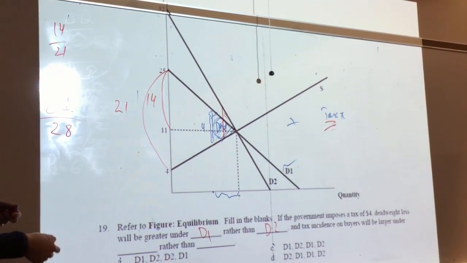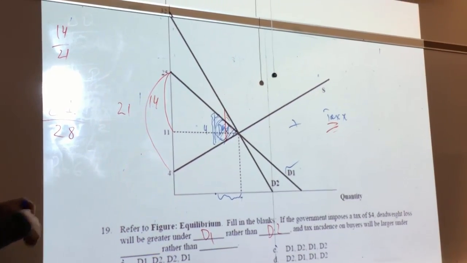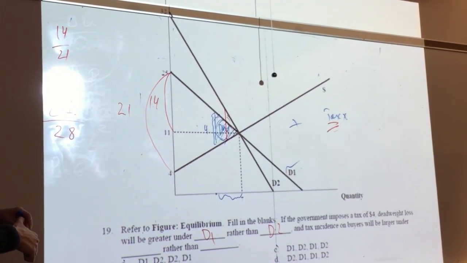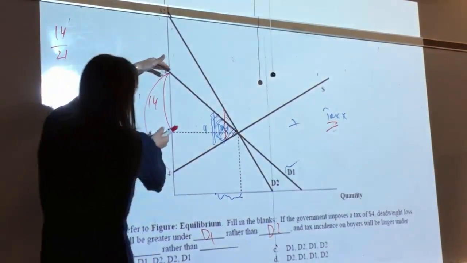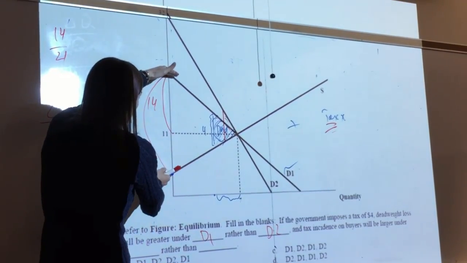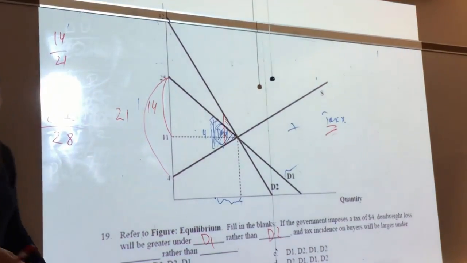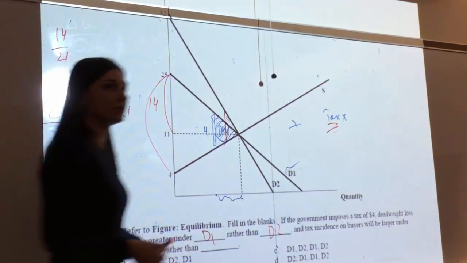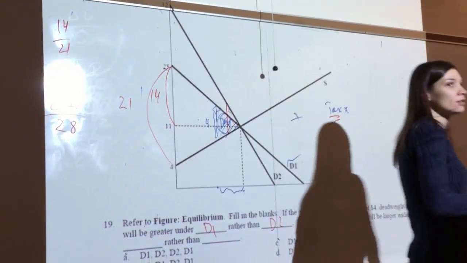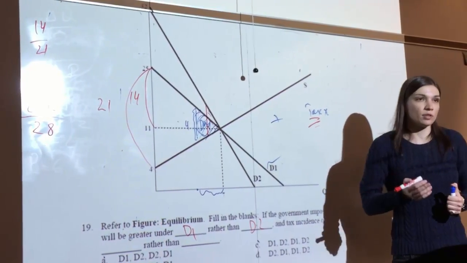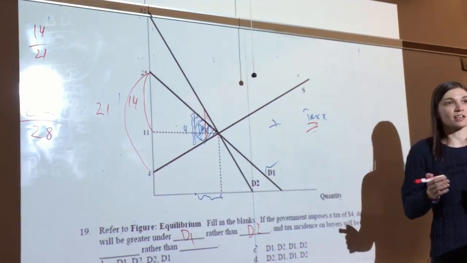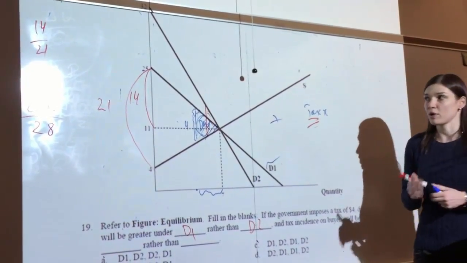Which fraction is higher? I mean, think of this, right? This is the fraction of this over that. This is the fraction of this whole thing over that. D2 is higher, right? The tax incidence when the demand curve is less elastic is higher for buyers.